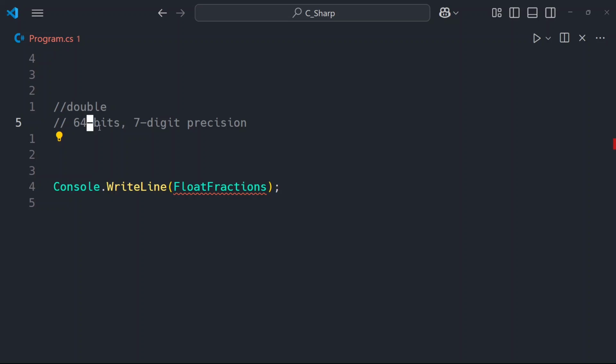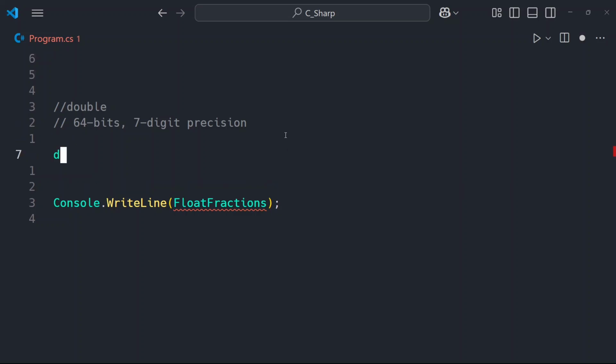And double is the most widely used floating point type. And just like integers, when it comes to whole numbers, double is the default type. So we say 4.5 like this.